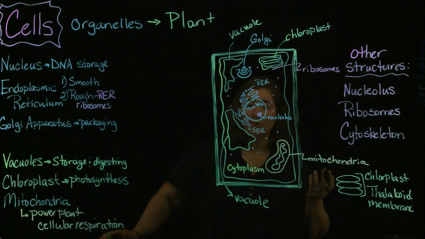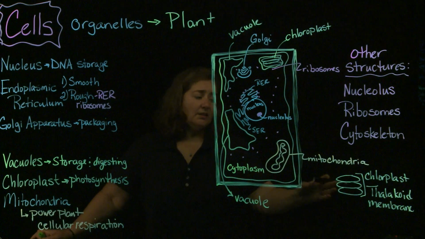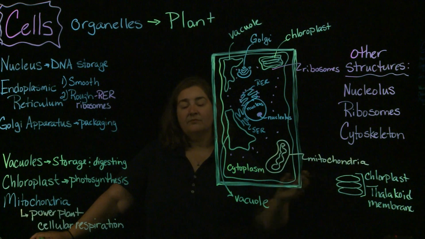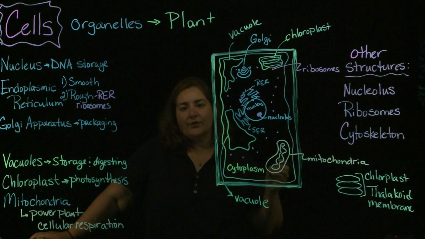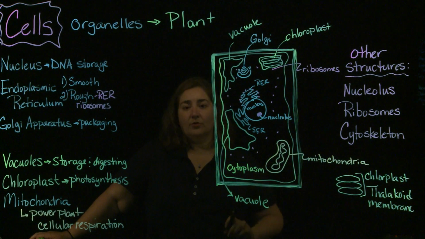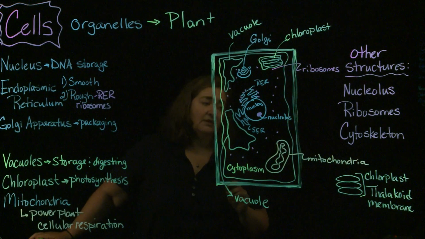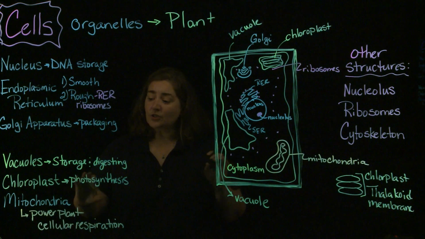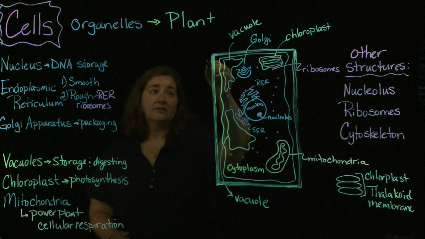All right, that's kind of how your book depicts it also. Those membranes are going to be important. There are going to be components in that membrane that are going to help photosynthesis happen. I'm not going to focus on what those components are. I do want you to know the thylakoid membranes are a part of the chloroplast, and that's only going to be found in plant cells. Okay? So we've got those two structures that are going to be found in plant cells and not in animal cells.